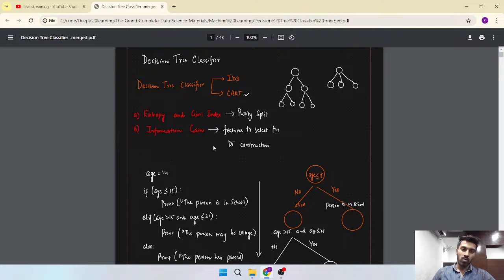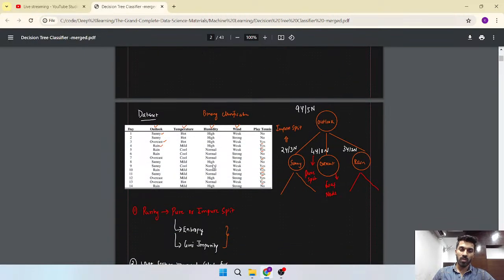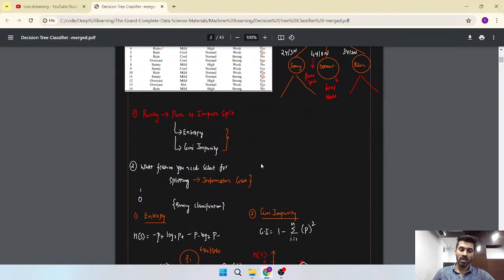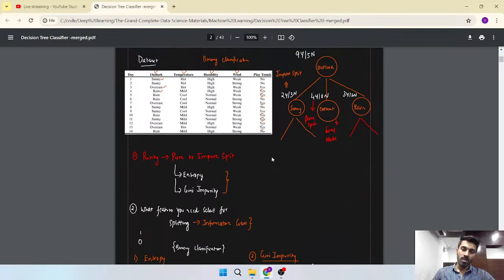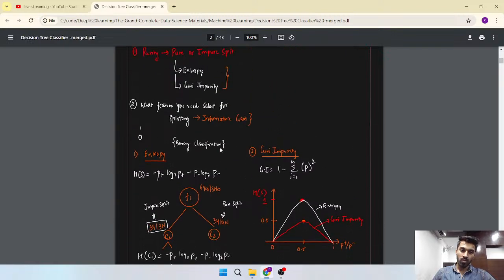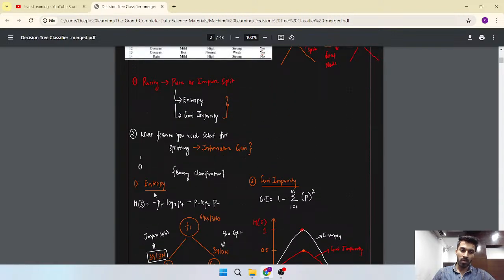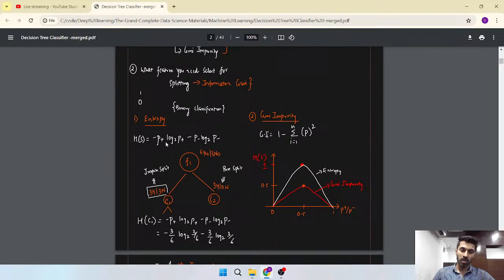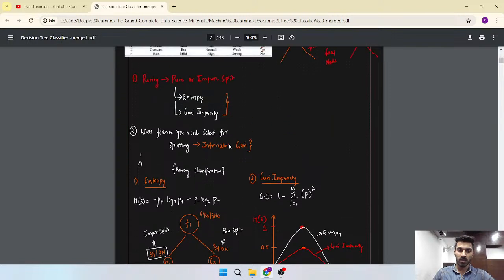Okay, so to split our decision tree, first let's see entropy. The formula of entropy is basically minus summation of p log p, where p is the probability. So this is the formula of entropy: H(S) equals minus p positive log p positive minus p negative log p negative, the probability of the positive class and the probability of the negative class.